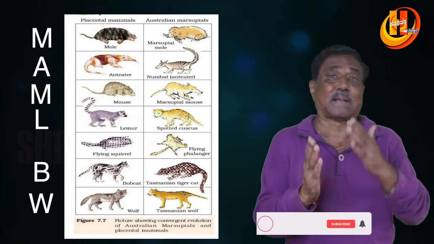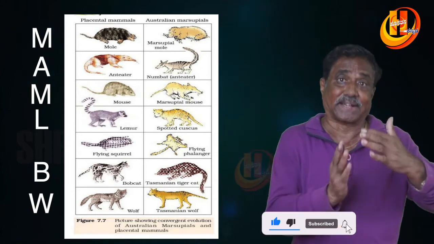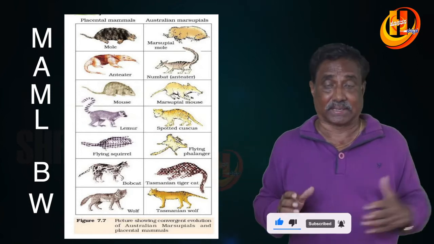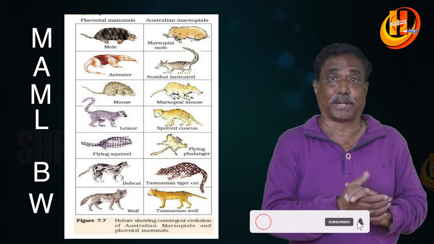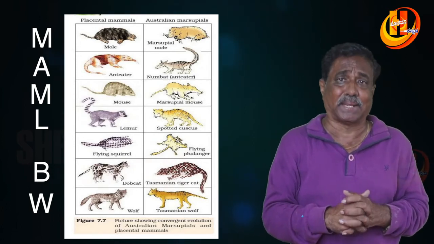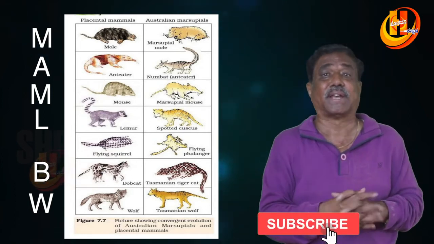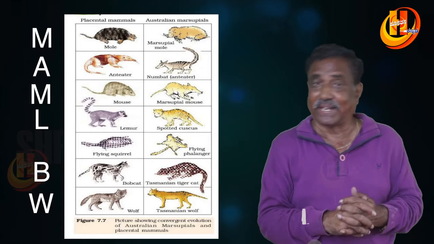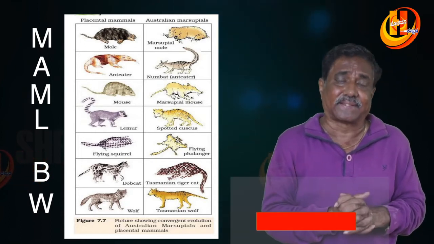So these are all the examples given in the textbook. Adaptive radiation is also one of the things to which variations are chiefly attributed. Charles Darwin was also influenced by Alfred Wallace. Alfred Wallace also visited the archipelago and observed many variations in organisms, but they were not aware of the reasons for the variations.